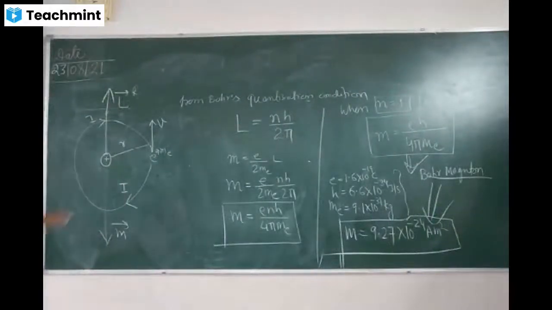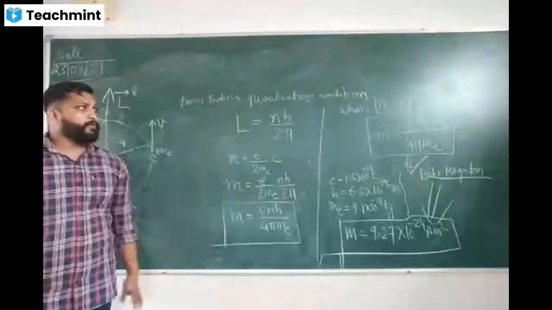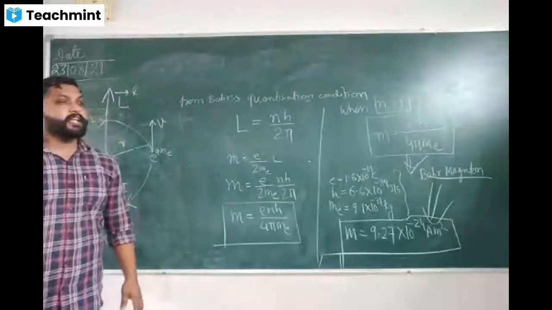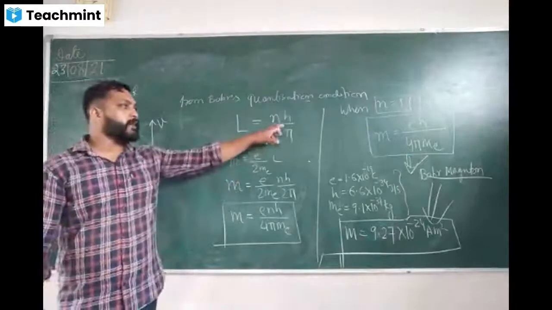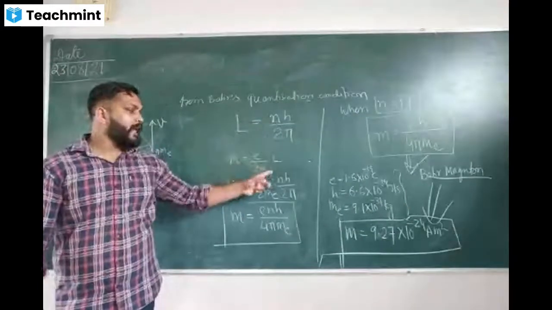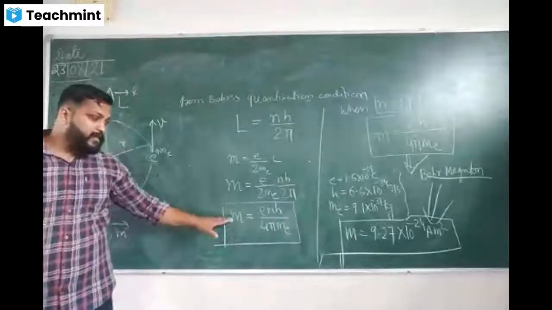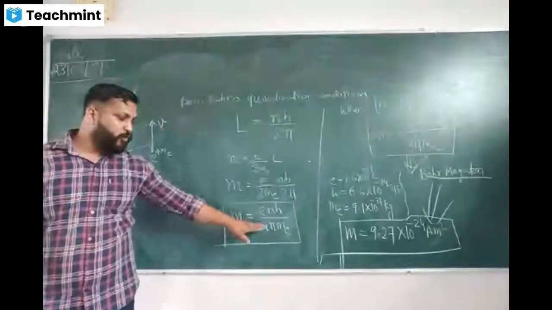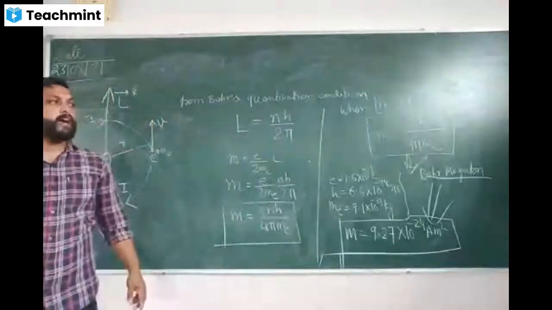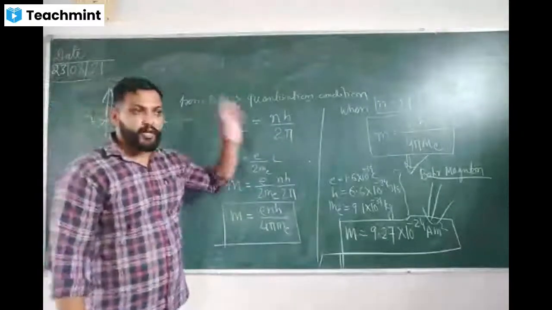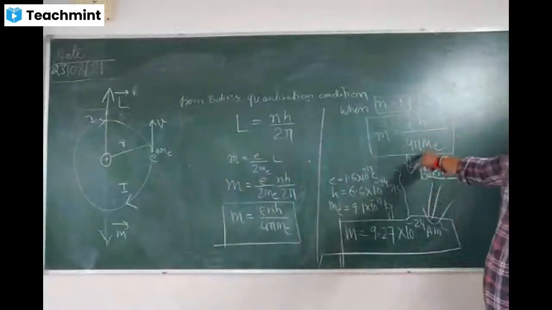What we have done: we know the relationship between angular momentum and magnetic dipole moment. We know the Bohr quantized condition, that the electron will only revolve in those orbits whose angular momentum is an integral multiple of h upon 2 pi. Instead of L, I have put the value h upon 2 pi and got the relationship M equals enh upon 4 pi me. Now, in place of n, we write 1 for the hydrogen atom, the first orbit, and we get M equals eh upon 4 pi me.